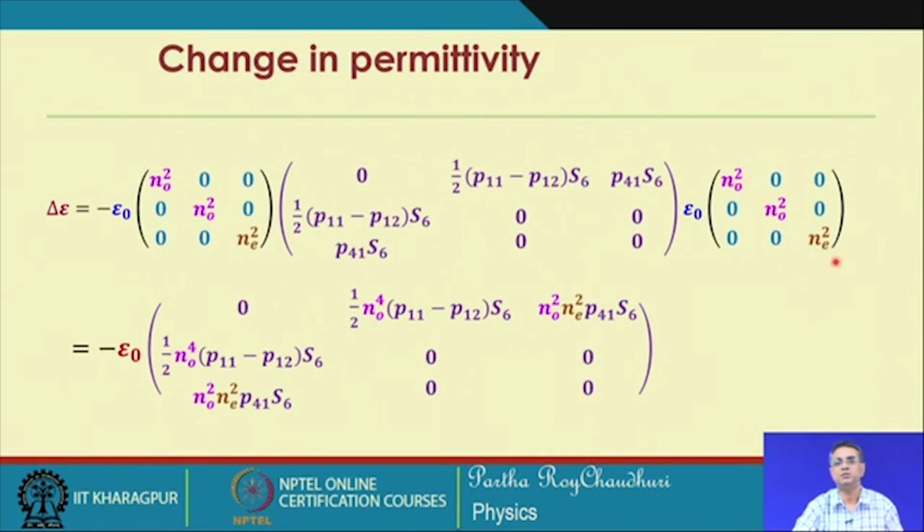It is not that all of them are n o square. So, there is n e square also there. Therefore, these two positions are appearing as n o to the power of 4, whereas here both of them are coupled.